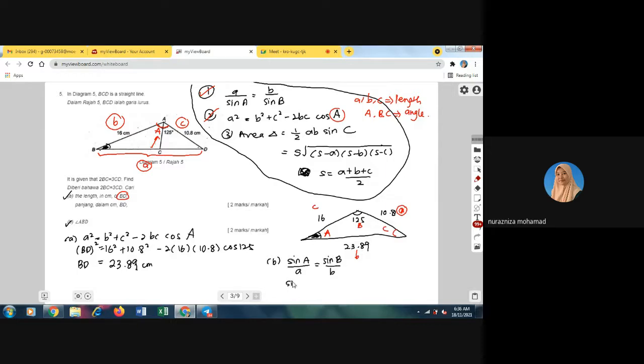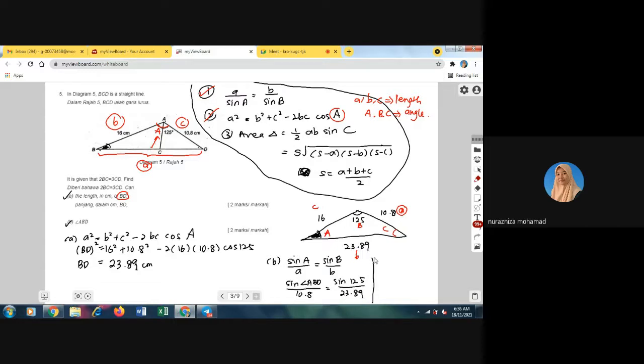So sine A, the angle is here. This angle is angle ABD. So sine angle ABD over a, opposite is 10.8, equals sine B, sine 125 over the side length 23.89.